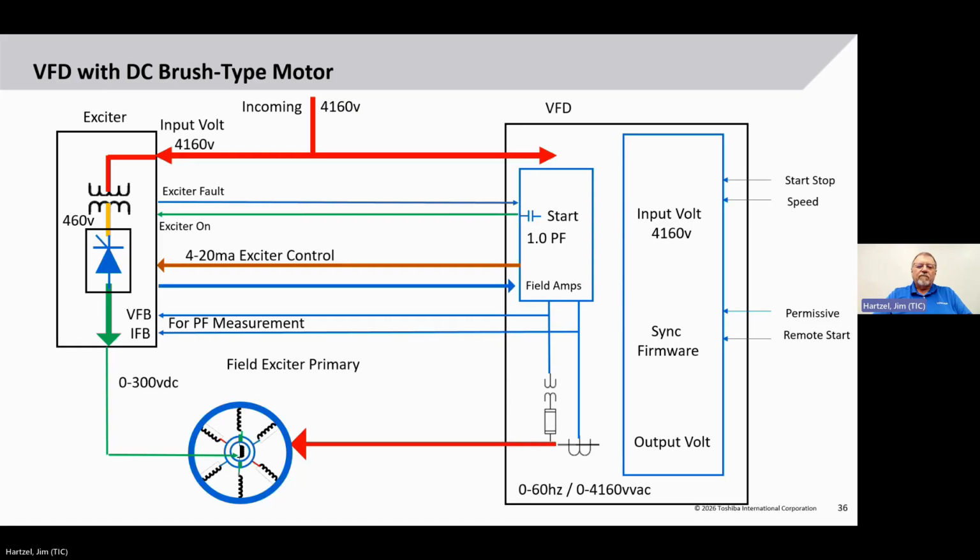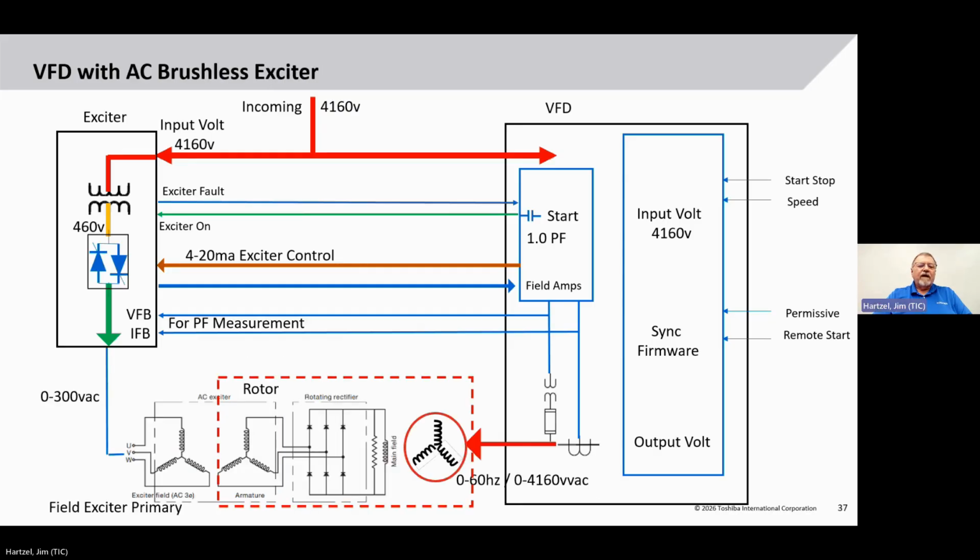Then we will also supply things like the voltage and current over here so that the exciter knows what power factor it has. And if we get a fault in the exciter, it will tell the drive to shut down. So there's a few signals going back and forth, but that's essentially how we're going to do it with the drive. This is a brush type.